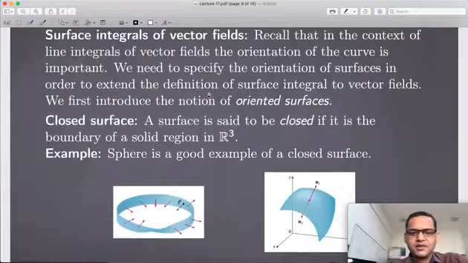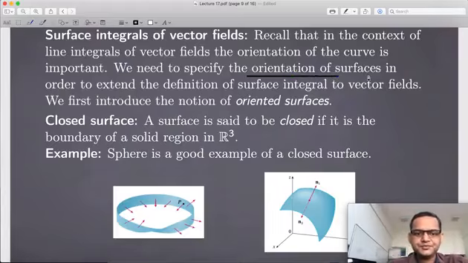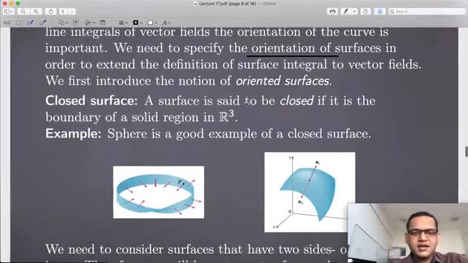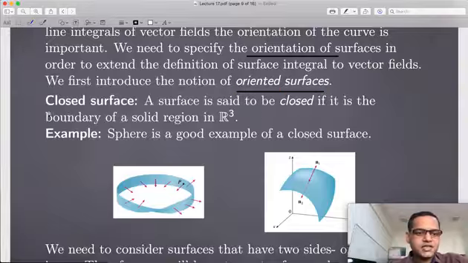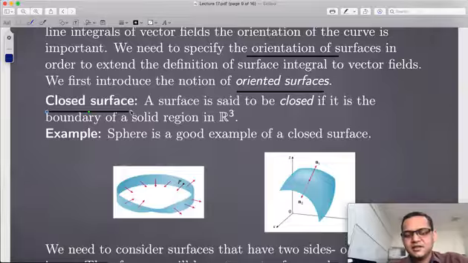We need to define the orientation of a given surface. We will call them oriented surfaces, and then we will specify whether they are positively oriented or negatively oriented. So, two things. First, we will consider closed surfaces. A closed surface is simply a surface which encloses a region.